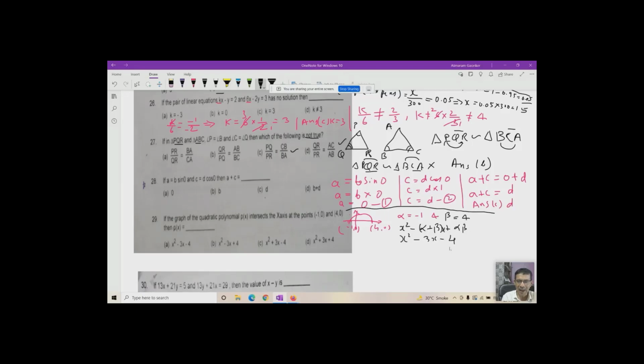So x square minus 3x minus 4 will be the first one. So the answer is A.